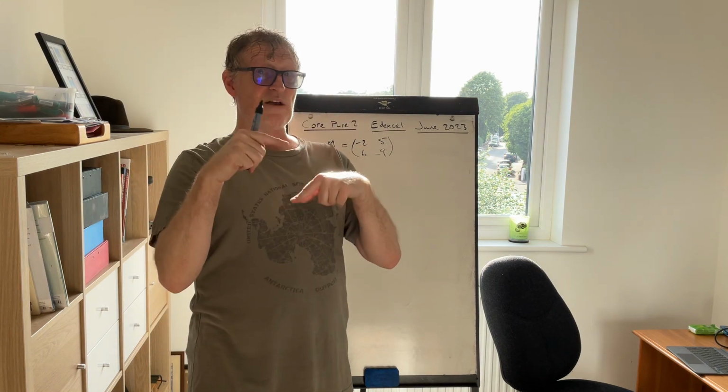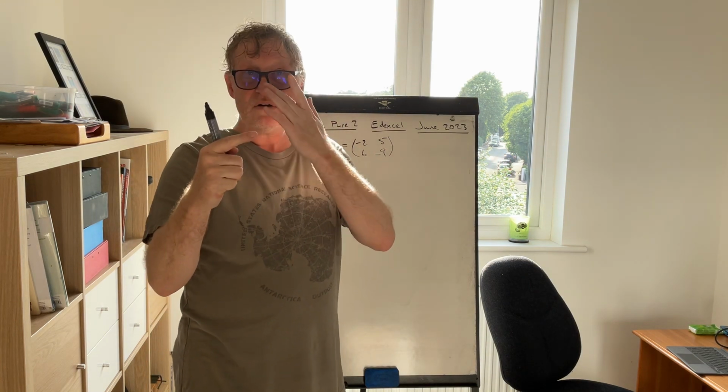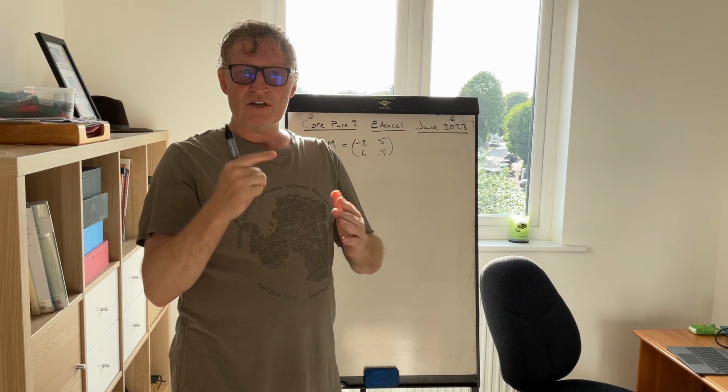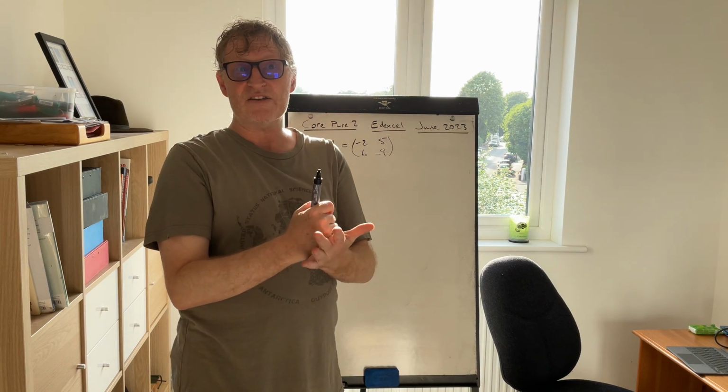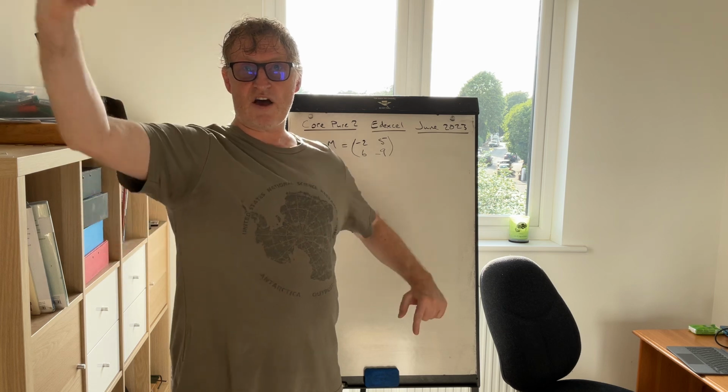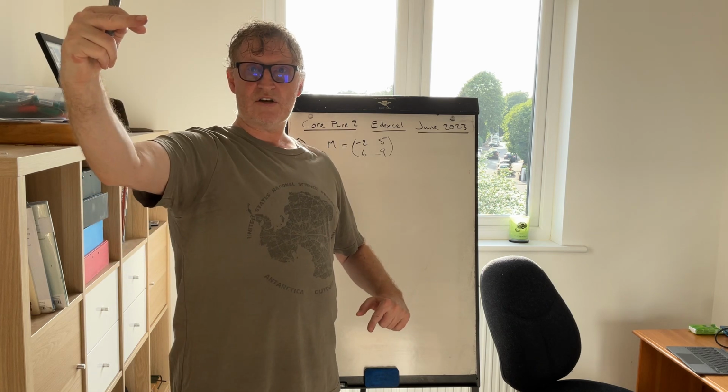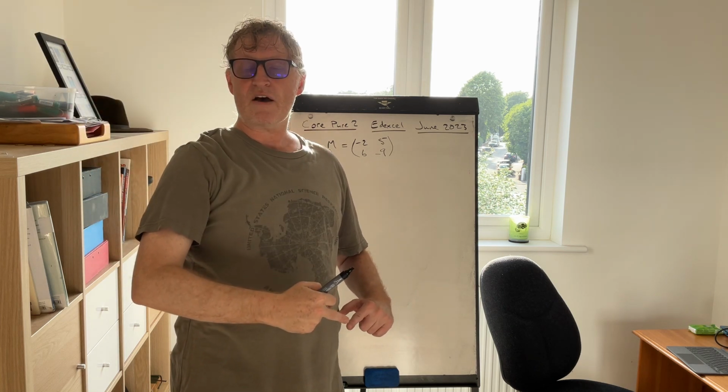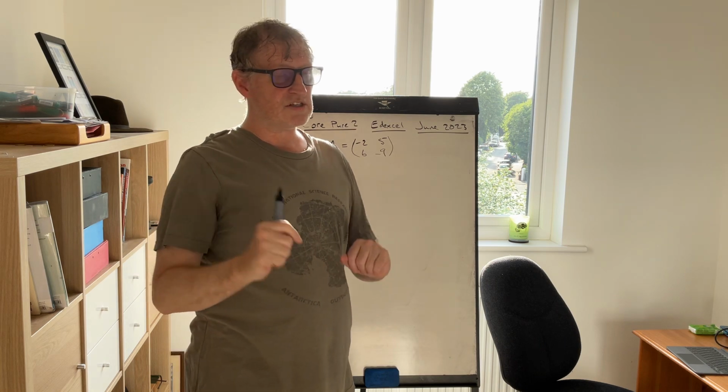Doesn't necessarily stay where it is, can do, but that would be an invariant point. So an invariant point doesn't move from where it is. An invariant line is just a line of points where one point will just move to another point on that line. Can stay where it is though still.